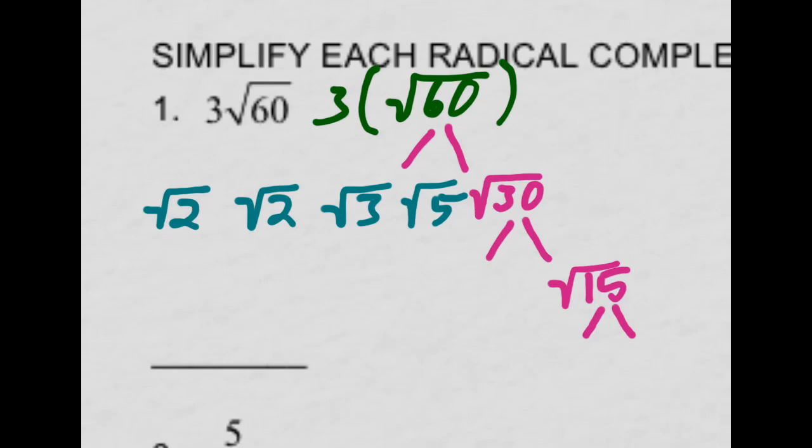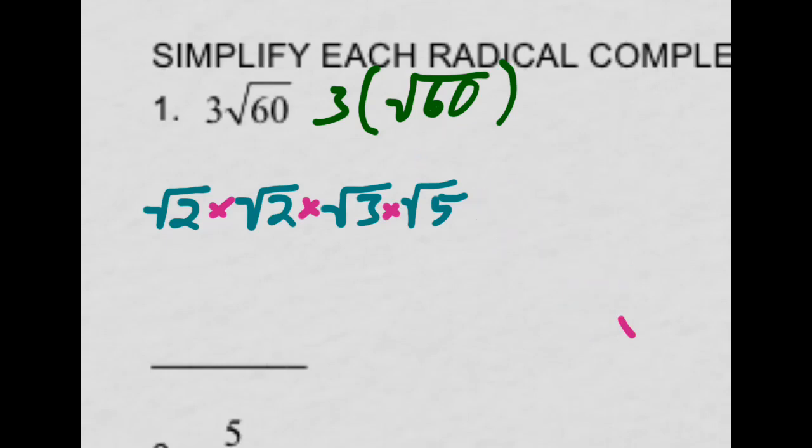Because really what it is is just square root of 2 times square root of 2 times square root of 3 times square root of 5. Okay? And we can even erase this other stuff because we don't really need it. So I end up with the square root of 60 equals the square root of 2 times square root of 2 times square root of 3 times square root of 5 here.